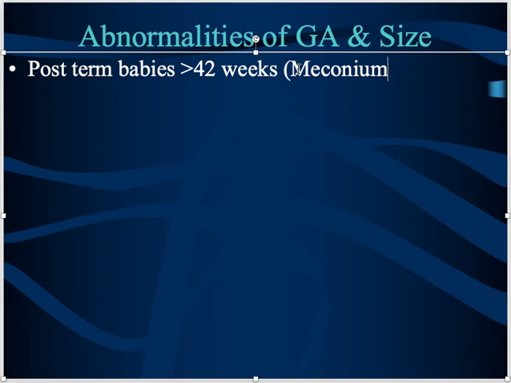In post-mature babies, sometimes before birth they can pass their first stool inside the mother, and it is greenish in color. The amniotic fluid, the fluid surrounding the baby, is clear, but once they pass the stool or meconium, it is stained green.